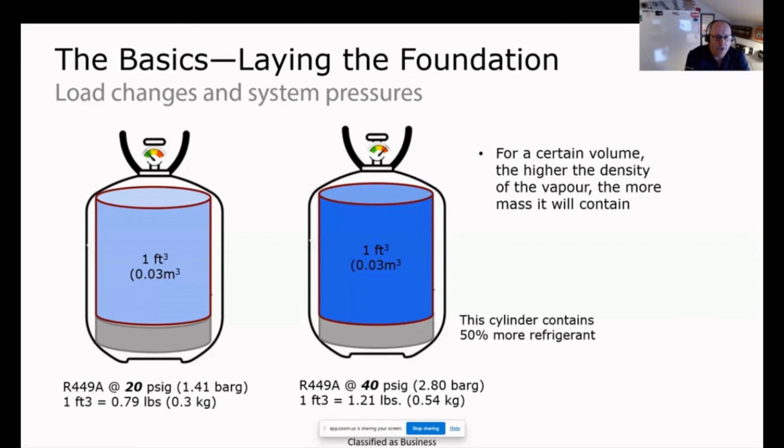Now, if we increase the pressure in that vessel to 40 psi, we will have a greater amount of refrigerant in that cylinder. So this cylinder contains 50% more refrigerant than this cylinder. Now, as we say there, for a certain volume, the higher the density of the vapor, the more mass it will contain. And it's mass that we move around the system.